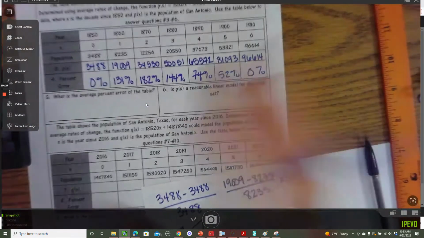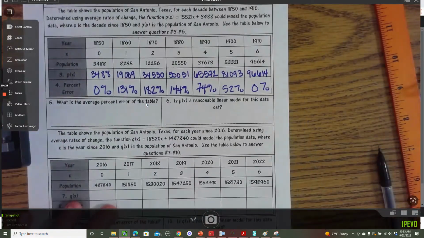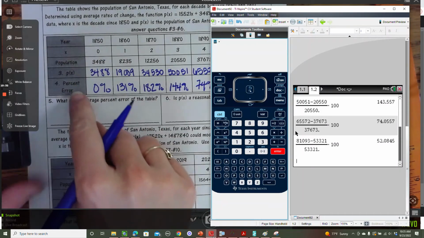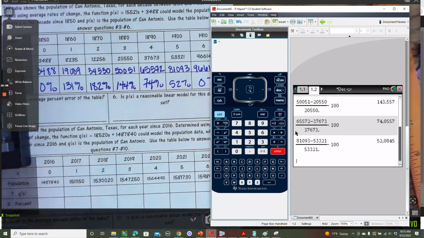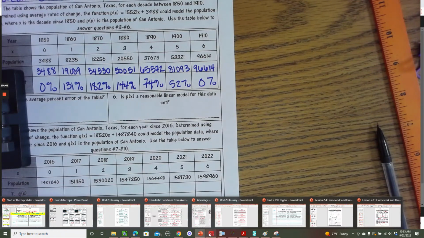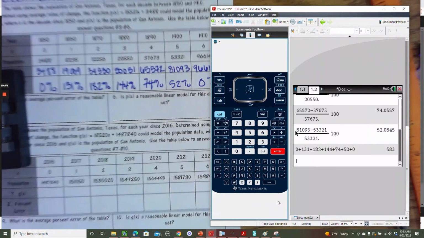All right, it says, what is the average percent error of the table? That means you have to take all of these values, add them up, divide by how many there are. So we would do 0 plus 131 plus 182 plus 144 plus 74 plus 52 plus 0.